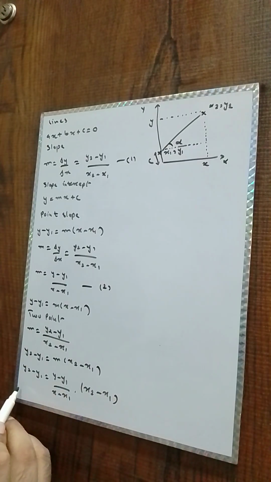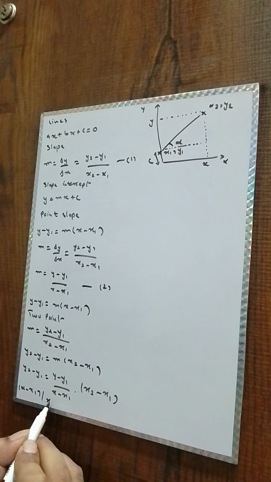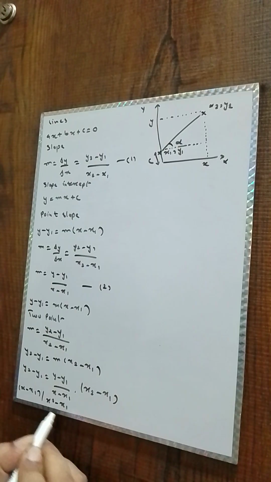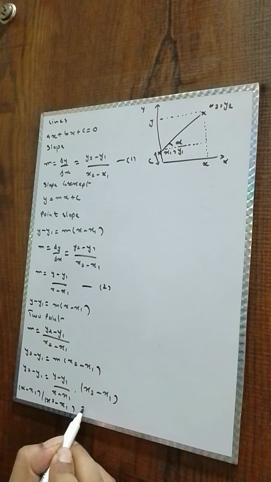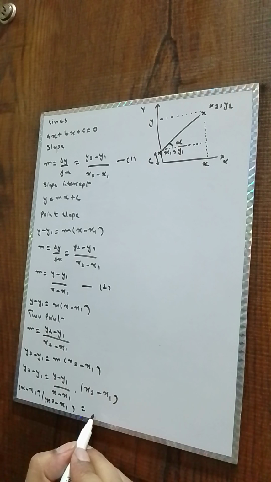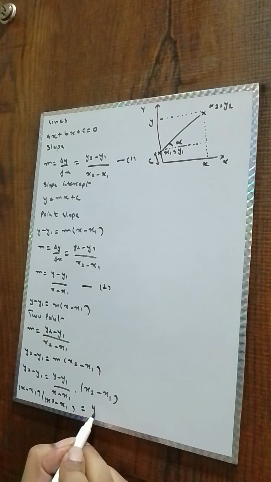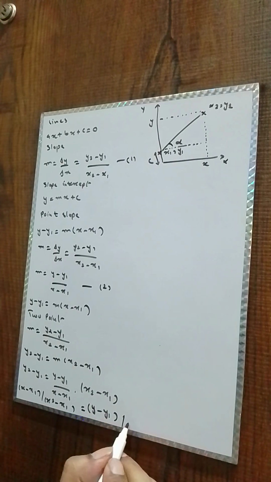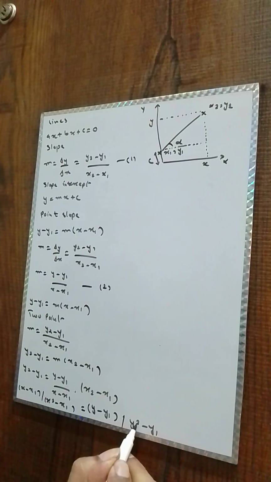So the form becomes x minus x1 by x2 minus x1 equal to y minus y1 divided by y2 minus y1. So this is the 2-point form.